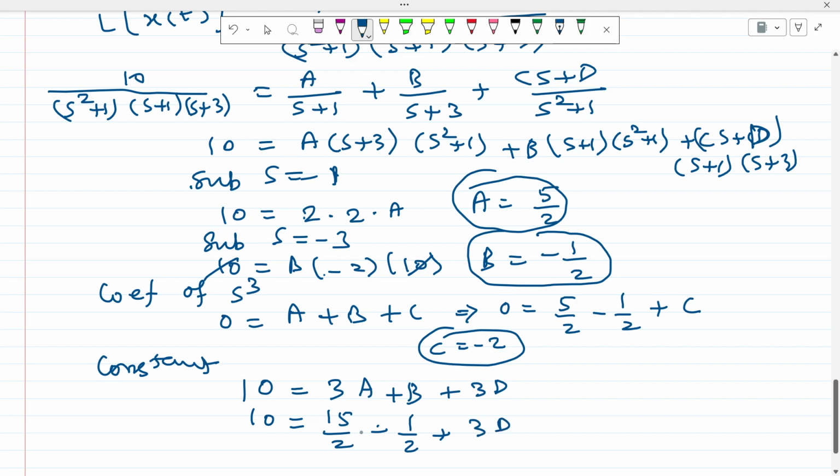So what do you get? 15 minus 1 is 14, 14 by 2 is 7. So this side minus 7. 10 minus 7 is 3. 3 equal to 3d.